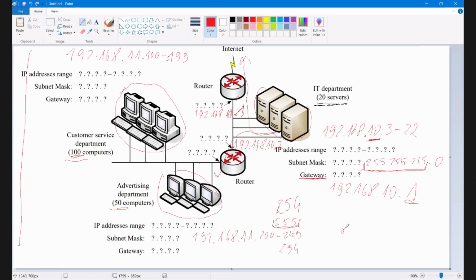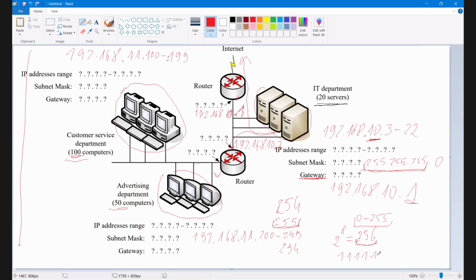Because it's 8 bits, we have 2 to the power of 8, so it will be 256. From 0 to 255, we have 256 combinations.